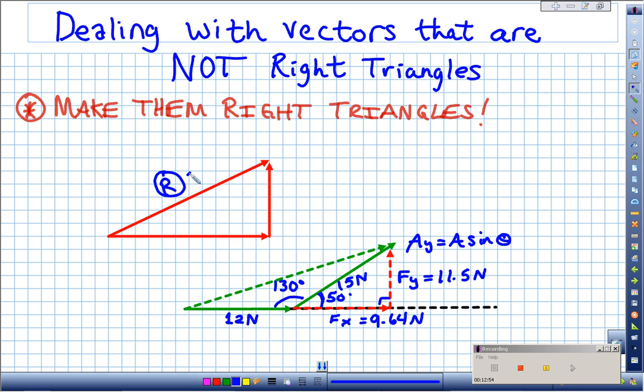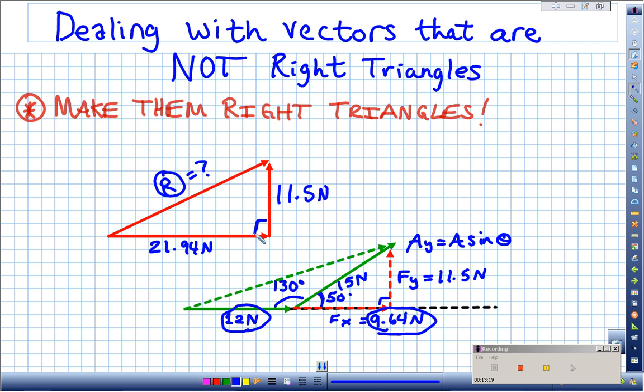You don't know what it is, but you now know that this leg of the triangle, the horizontal component, is the result of this plus this value. Adding those together, you should get 21.94 newtons, and the vertical component here is this value, which is 11.5 newtons.